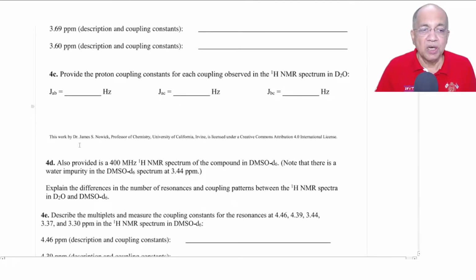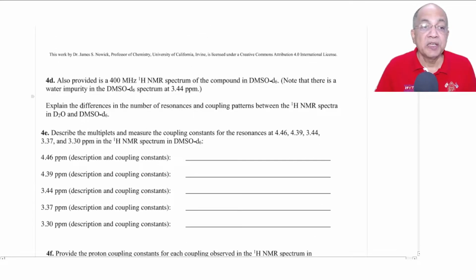This is James Nowick, professor of chemistry. Now again, the same compound was taken in another solvent, DMSO-d6, dimethyl sulfoxide deuterated, and an impurity peak at 3.44 ppm was observed. It is saying that it is due to water impurity. Now explain the difference in the number of resonances.